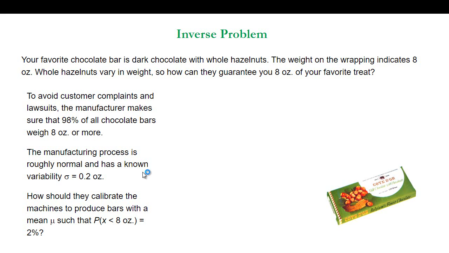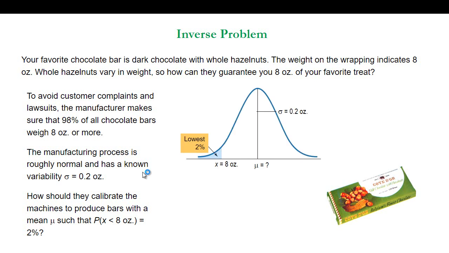We know sigma, and we know what level of accuracy we want, which is 2%, and then we need to calibrate our machines to achieve a certain mean weight. Again, what mean weight should we require to ensure that no more than 2% of the bars will weigh less than 8 ounces?